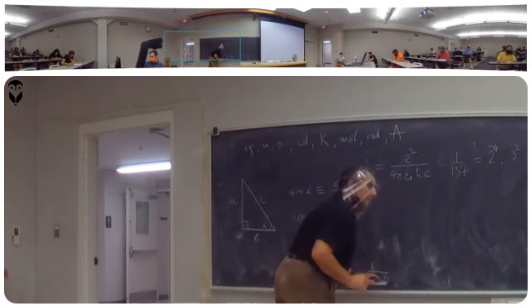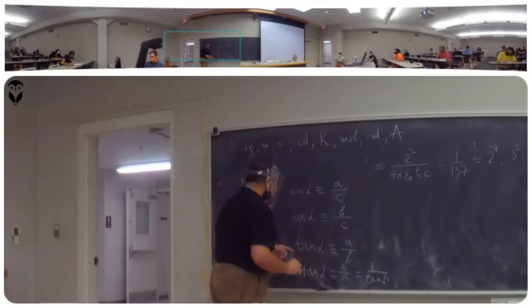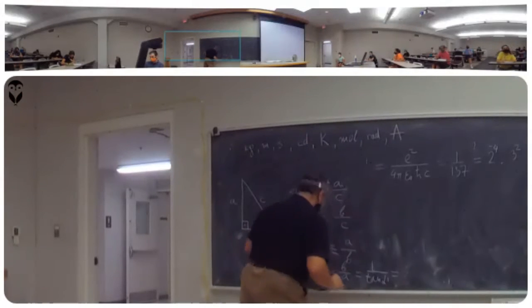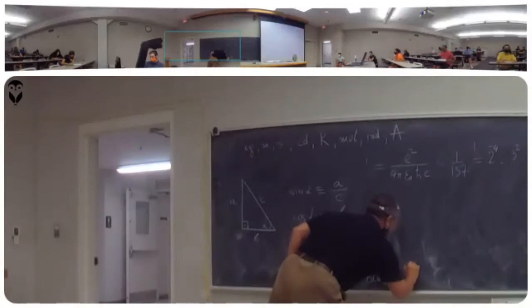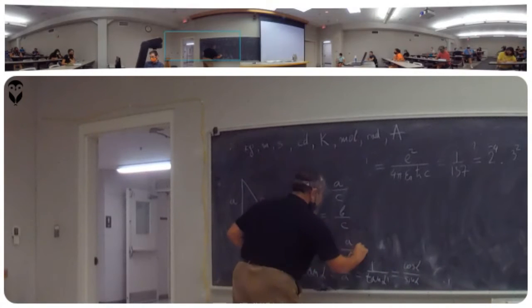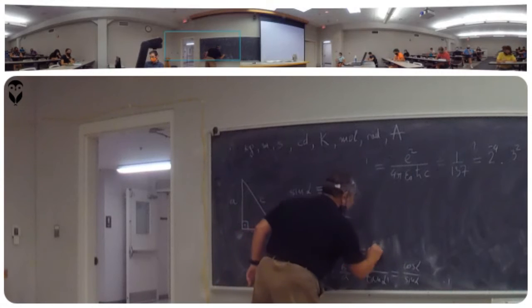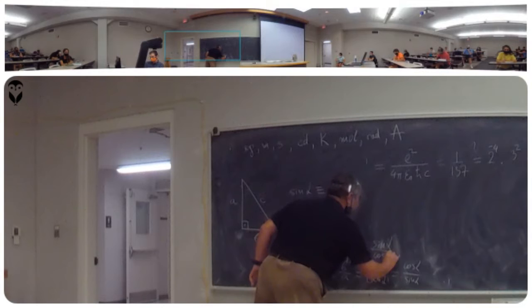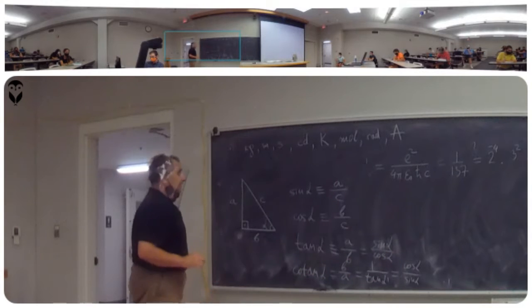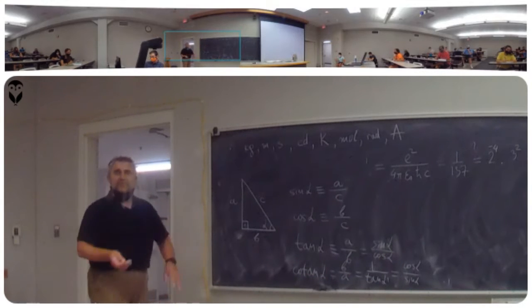It also means that the cotangent is cosine of the angle divided by sine of the angle. Similarly, the tangent is the ratio of the sine of the angle divided by the cosine of the angle.